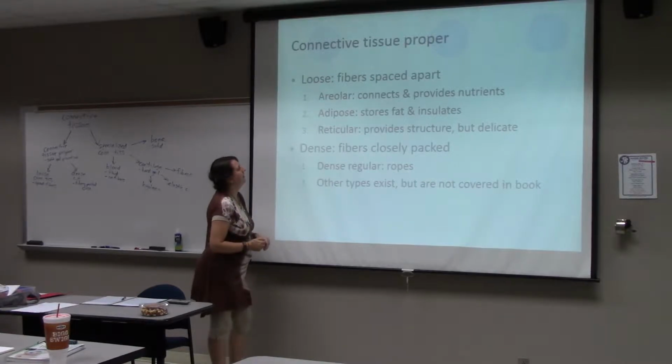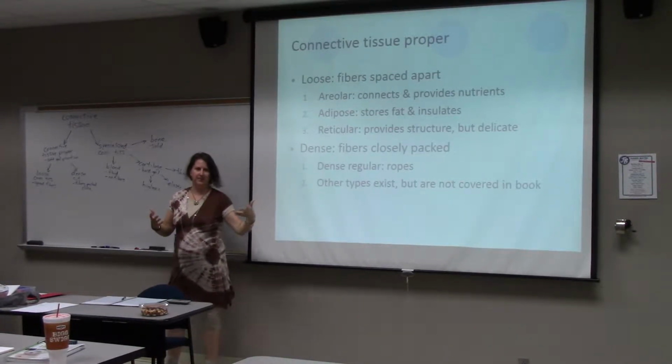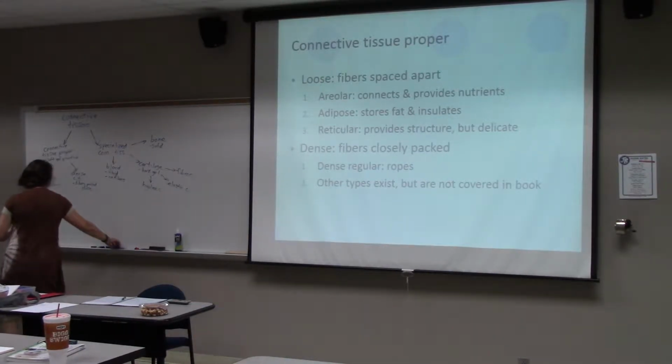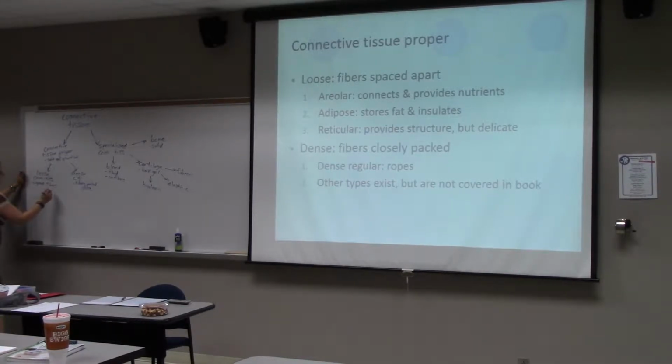Loose, okay, I did mention reticular here, even though it's not one of the ones we looked at in lab. Reticular connective tissue has reticular fibers. It provides structure but isn't protective.